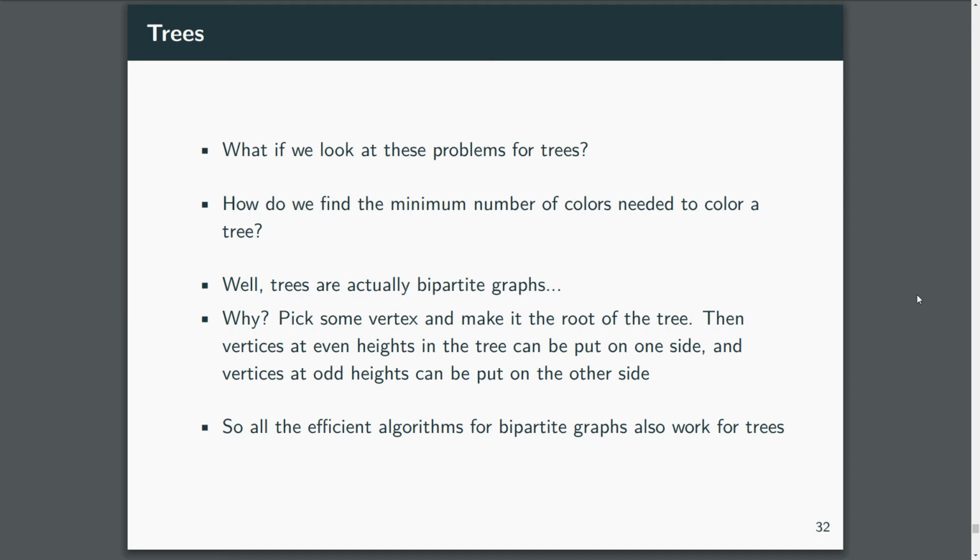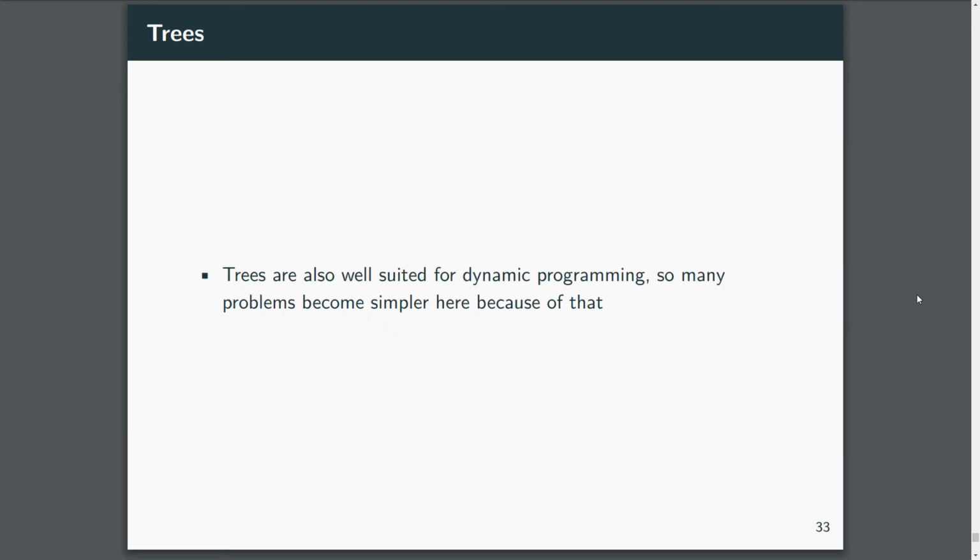So all these algorithms that work for bipartite graphs will also work for trees. Trees are also good for dynamic programming, and there are a lot of problems which become simpler because you can do dynamic programming over the tree.